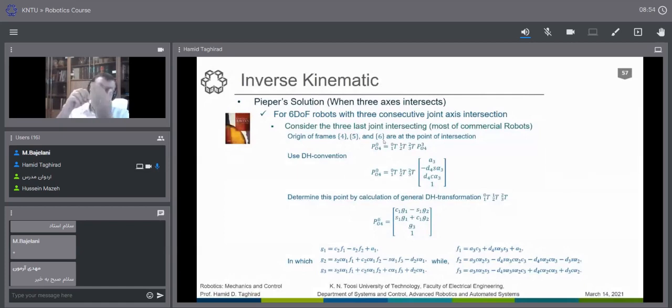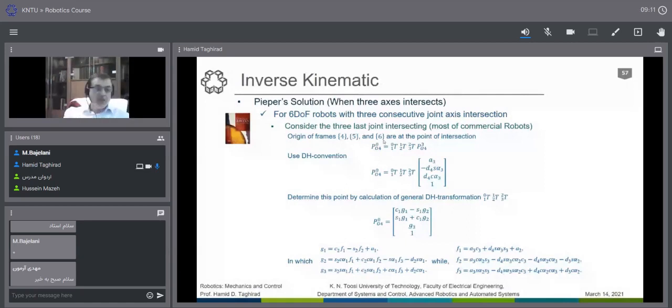By separating these into 2 consecutive problems, we can solve them quite easily. Of course, not very easily, but it is much easier than solving all 6 equations altogether.